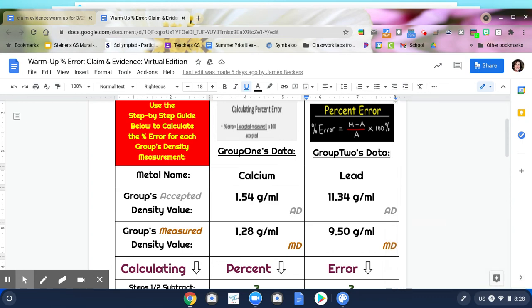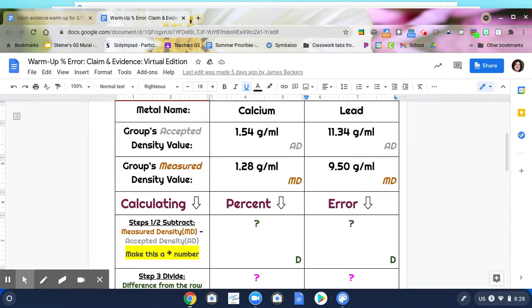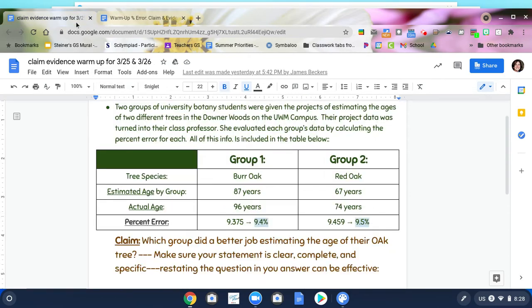Hello, we're going to go through step by step how to calculate percent error. We're going to use the step by step as they're described on the warm up about percent error, but we're going to use a different problem as a model. So we need to start with an accepted value and a measured value.